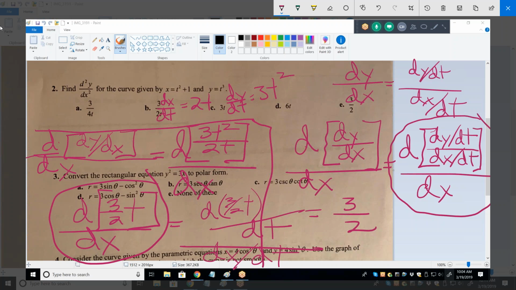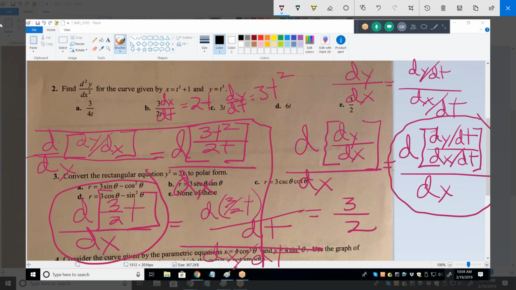I've got a problem very similar in my book where you have x and y as functions of t. Find the slope. Well, that's what we're looking for. No, we're looking for the second derivative. They wanted to solve for concavity also. In the example in my book, they're solving for slope and concavity.